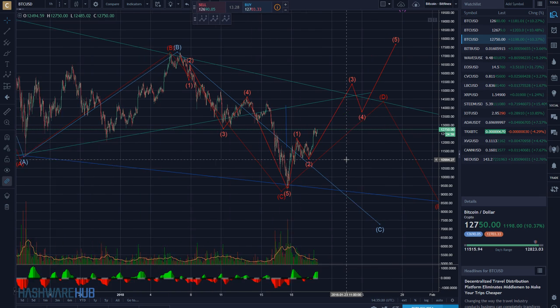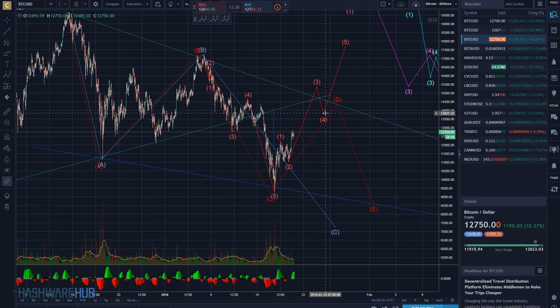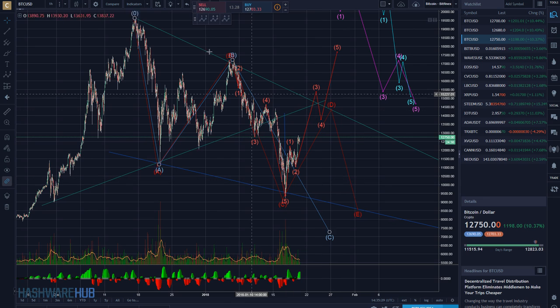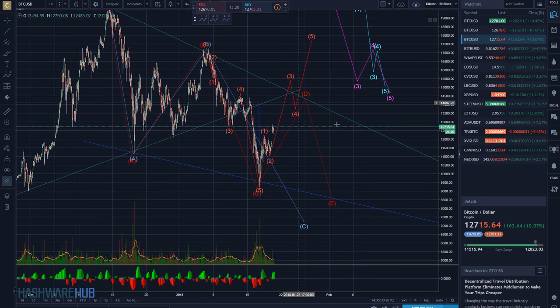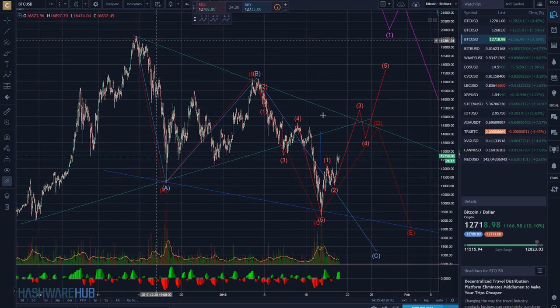So, what do we see? Aha. We see that 3 and 4 approximate in 2 places. First of all, on the top of this descending wedge, and also at the apex price level of that previous wedge that we had drawn.